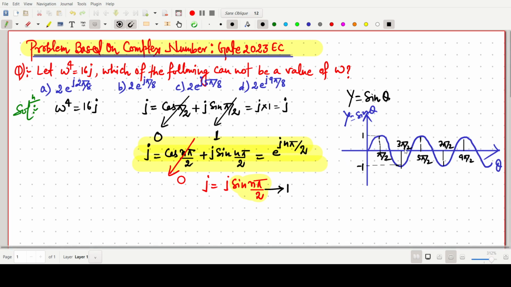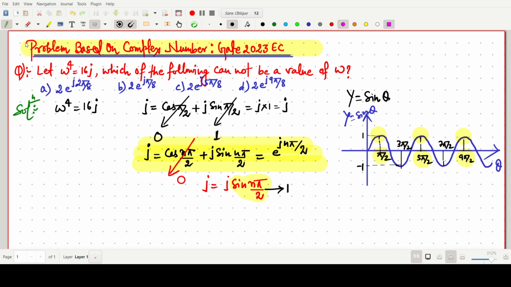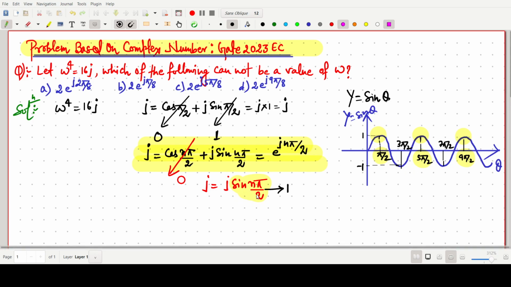Now the value will be 1 for this point, 9 pi by 2. At this point the value will be 1, this one is 1, and this one is 1, like this. So the n value for j, that is sin n pi by 2 equals 1, I am writing directly.